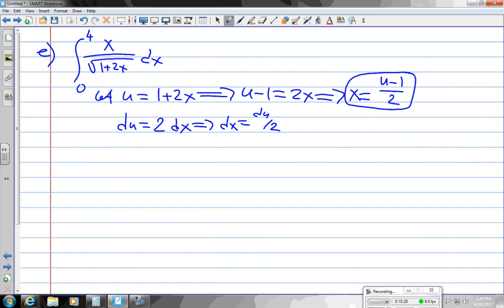Now it's also a definite integral, so I should also change my limits of integration, u of 0, u of 4. Instead of x, I'm going to put u minus 1 over 2, divided by square root of u, and then du over 2.